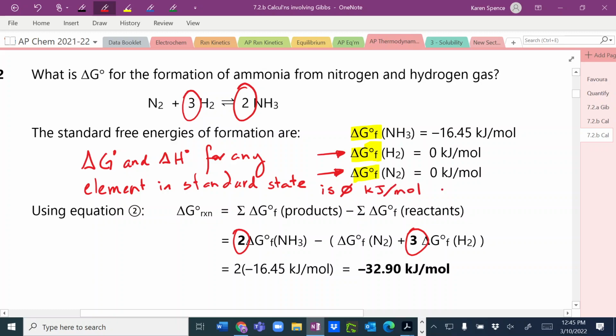So even though we have 3 times the delta G of H2, that number there is 0, so it doesn't actually amount to anything. And so this one is also 0.